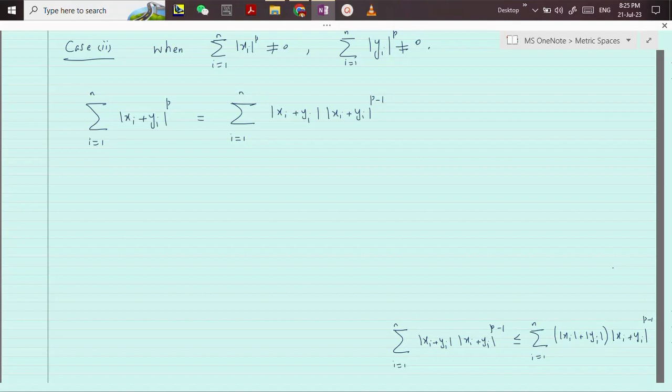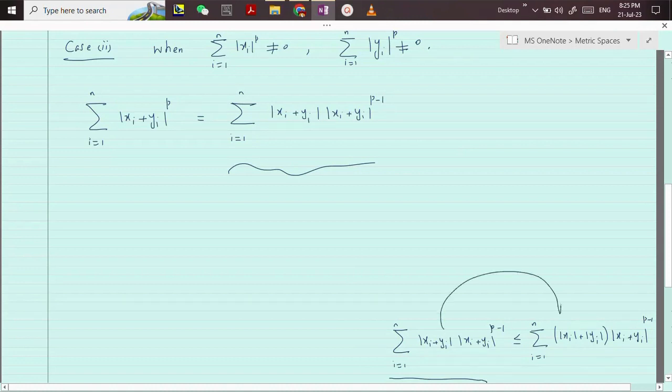So we have this quantity which is the same as that one. So this is less than this number.